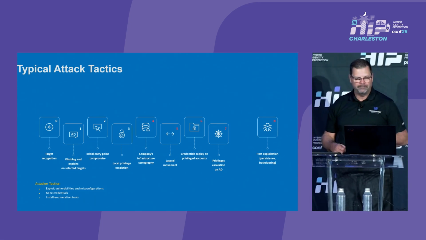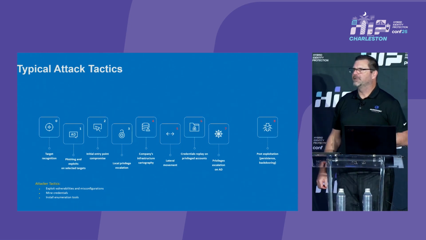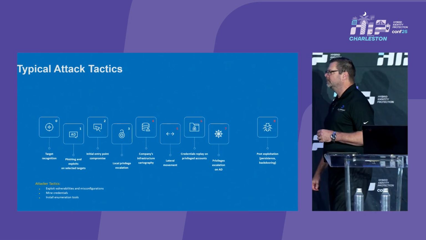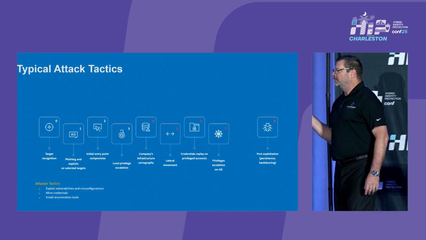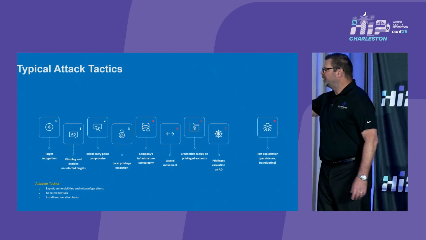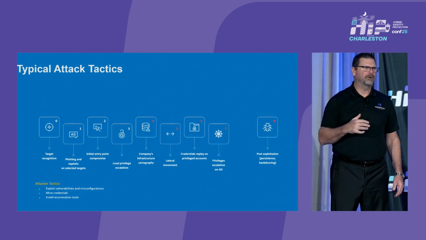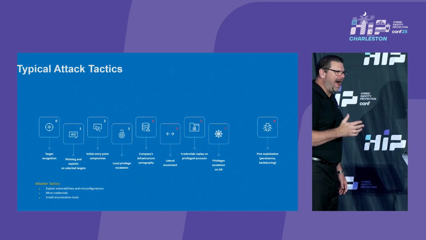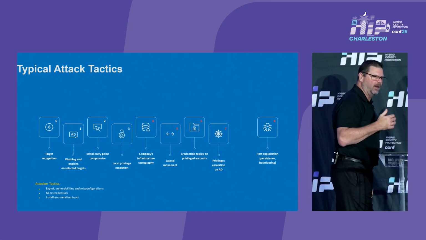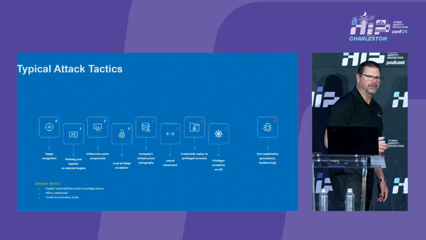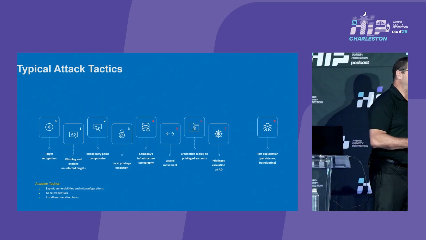There's an entry point, and then there is local privilege escalation. Usually when people look at this chain that an attacker takes, they leave out this critical step of local privilege escalation. And so I always hammer this piece.